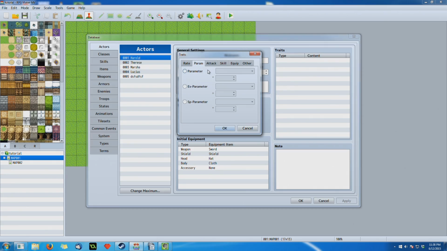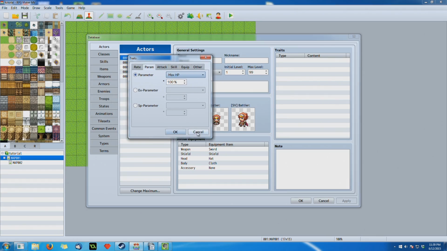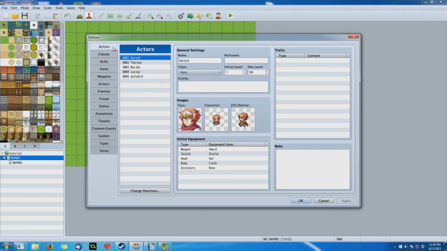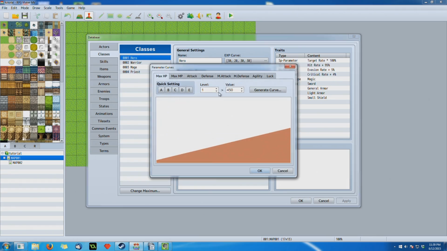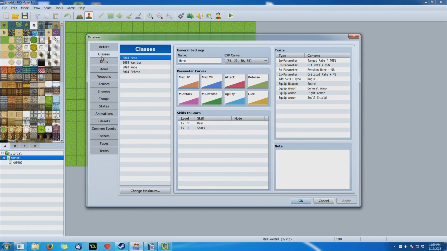Now we will go over to the parameters here. The very first parameter tab raises or lowers actors' stats. Say we have max HP. Max HP for Harold right now is, what class is he? His max HP is 450.